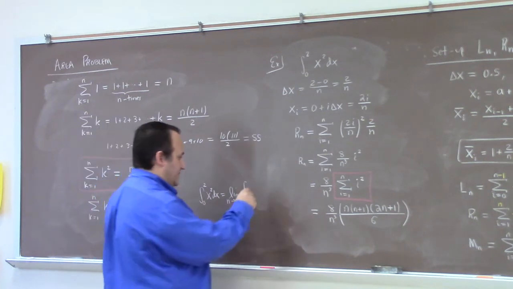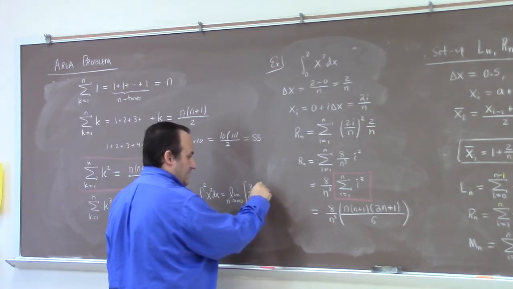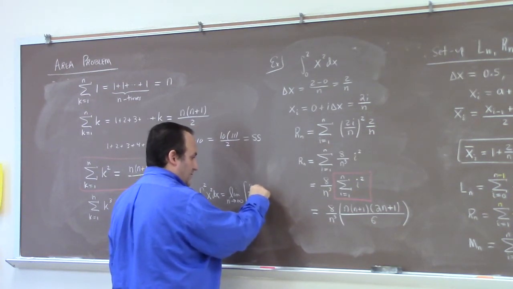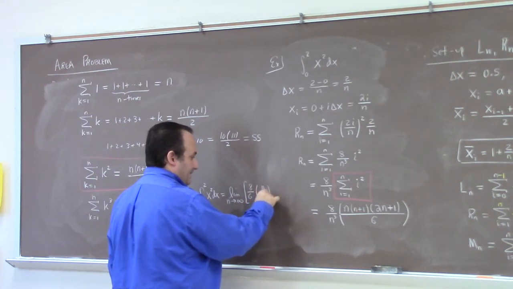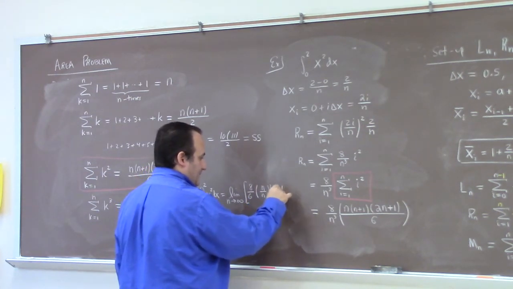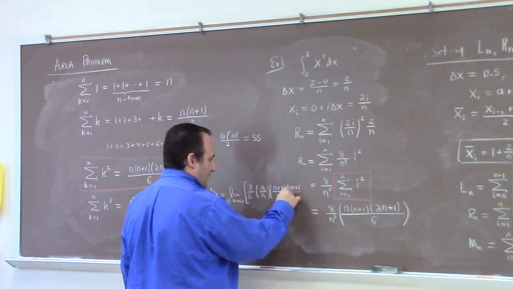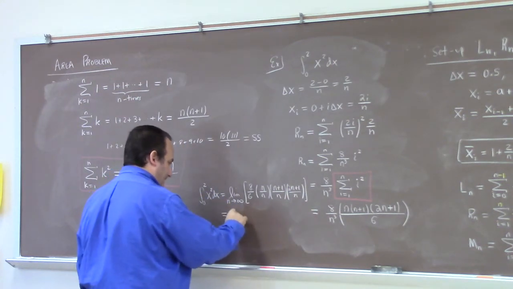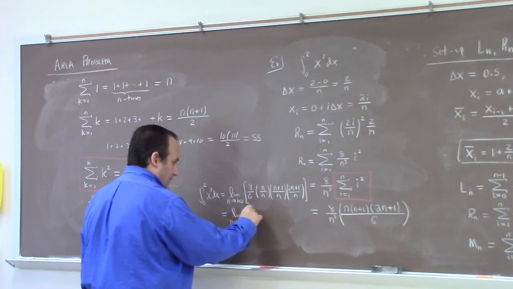All right, what I've got is 8 over 6, and that gives me, well, I'll write it this way, n over n, n plus 1 over n, 2n plus 1 over n. All right, so that limit, I've got 8 over 6.